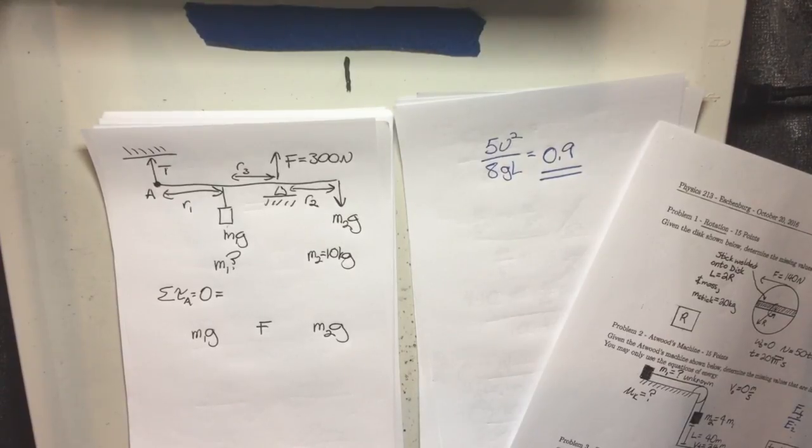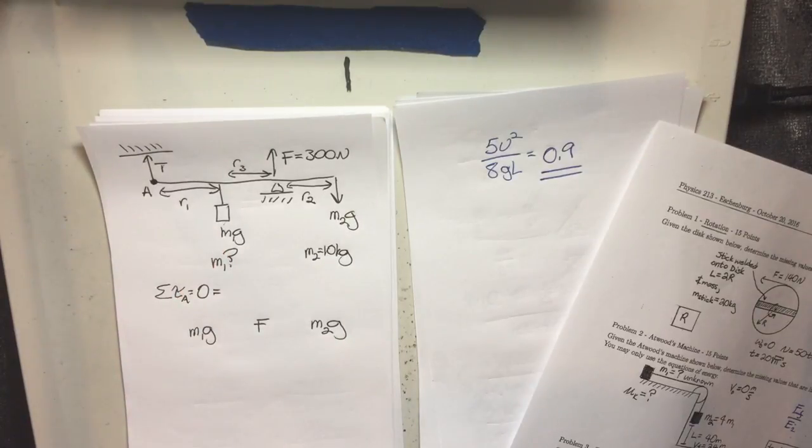Next, we need to determine our distances. And when you determine the distances, you must use the distance from the force to the rotation point that you're using. It's not always from the force to the fulcrum. So in this particular case, you've got 3 forces. First force, M1G: what is the distance from M1G to A?